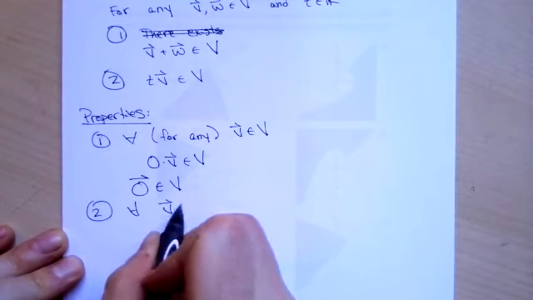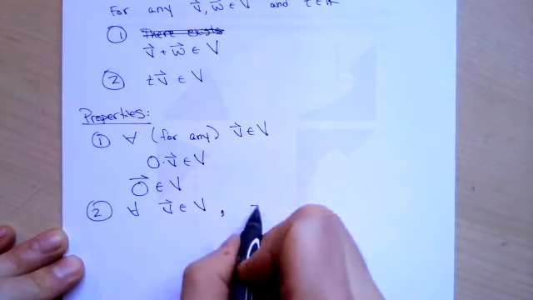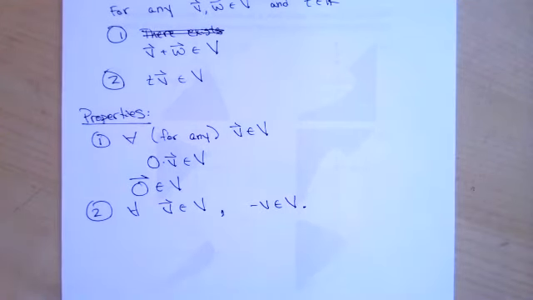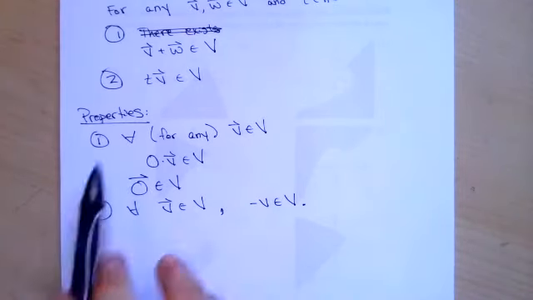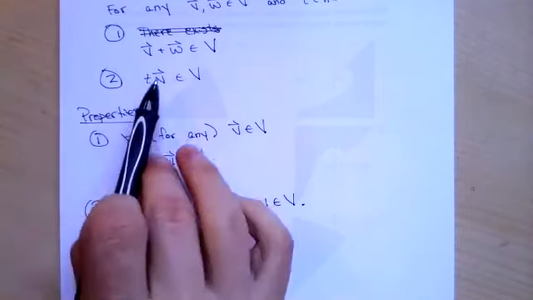So 2, again, for any vector v in V, we also have that minus v is in V. So our minus v we want to interpret as the vector that points in the opposite direction. We'll talk a little bit more on Monday about these properties and how we can deduce some geometry out of them, as well as the geometry of scalar multiplication and addition.